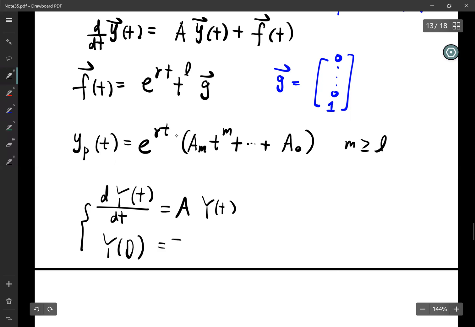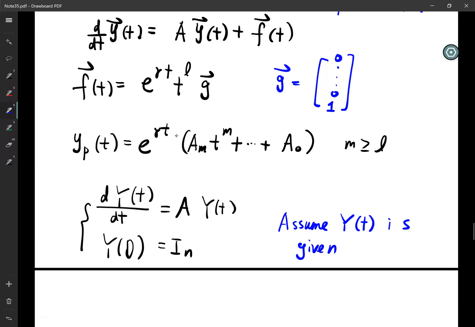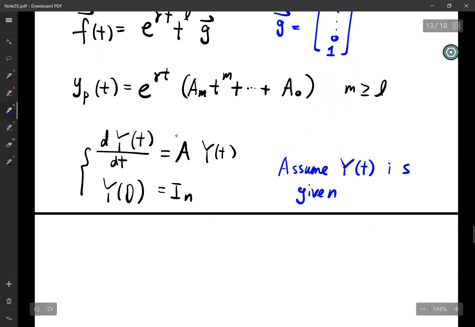Y(0) is the identity. Now we assume that this matrix is given. Given means that I've solved this problem with this particular initial condition. I know that if I want to represent the solution of a homogeneous equation with initial condition small y0 being some given vector, I just need to have Y(t) times that vector.